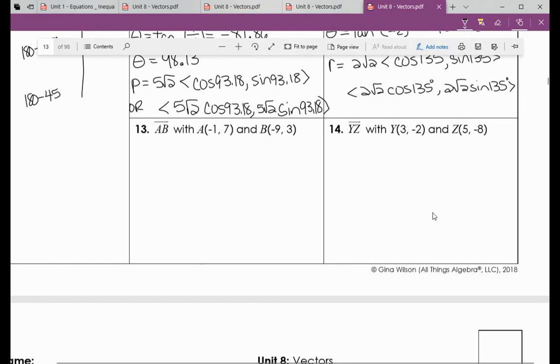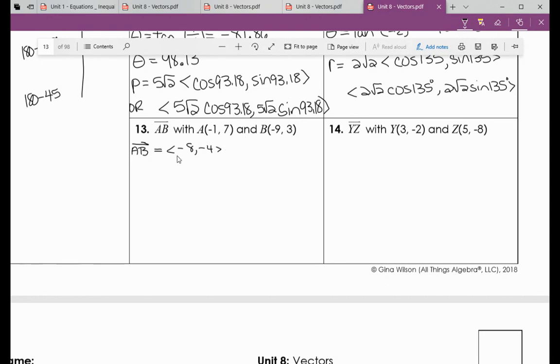Now, number 13 is even going to add more work for us to do because I have to find the component vector first. So the component vector that goes with AB will be -8, -4. We did that earlier: -9 minus -1, x2 minus x1, y2 minus y1.